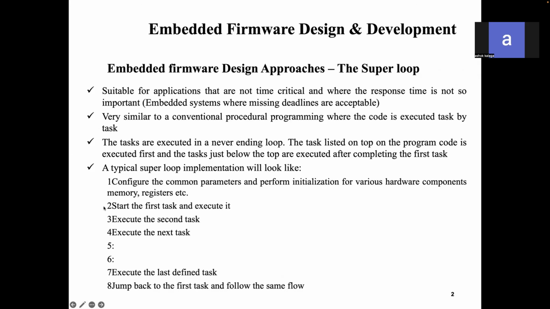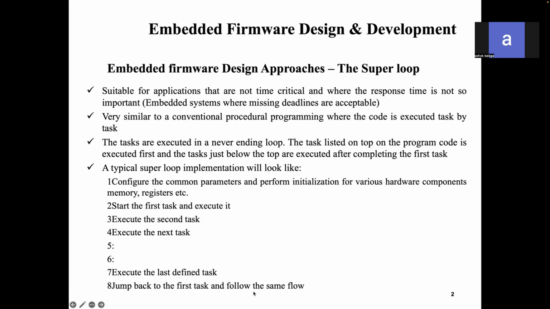The super loop implementation will be like this. Initially configure the common parameters and perform the initialization for the various hardware components like memories, registers, etc. Start the first task and execute it. Execute the second task, execute the next task, and so on. Execute the last defined task, and again jump back to the first task and follow the same flow.